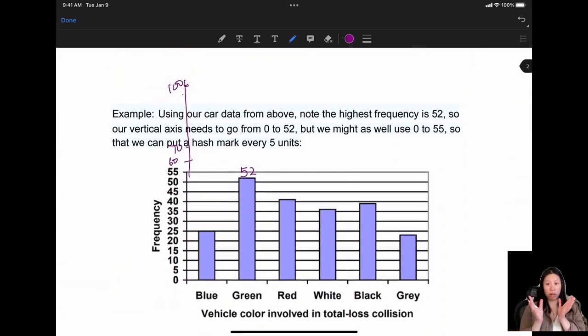So you need to know the range so that you don't go crazy with your graph. You can go as high as 1000, but it makes no sense, because you would have tiny bars. So you want to optimize it. That's why we pick 55. Maybe you will think, do I have to mark every 5 units? Not necessary. You can mark every 10 units.